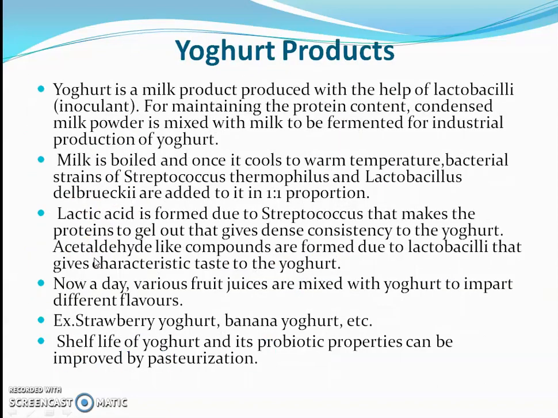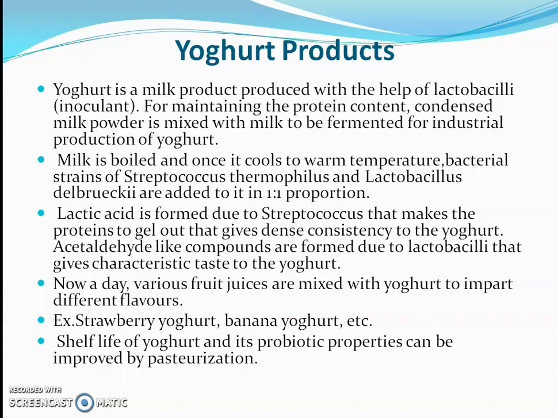Next is yogurt. Yogurt is a milk product produced with the help of lactobacilli. Inoculate means lactobacilli is added externally to the milk. For maintaining the protein content, condensed milk powder is mixed with the milk to be fermented for industrial production of yogurt. Milk is boiled and at once cooled to warm temperature.